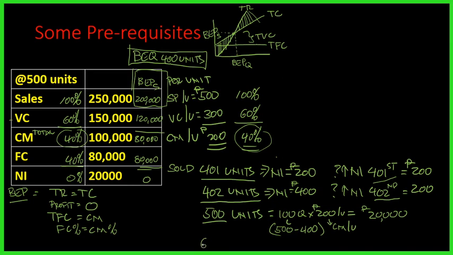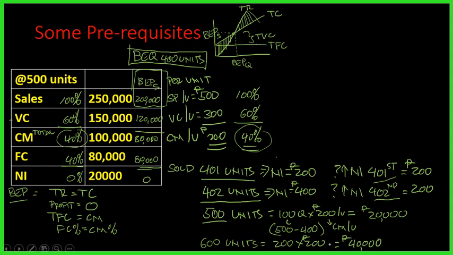Kunyari, at 600 units, how much is your net income? 600 minus 400, you will have 200 units above the break-even point times the contribution margin per unit. And you will get 40,000 pesos.